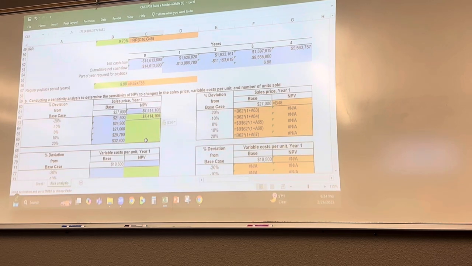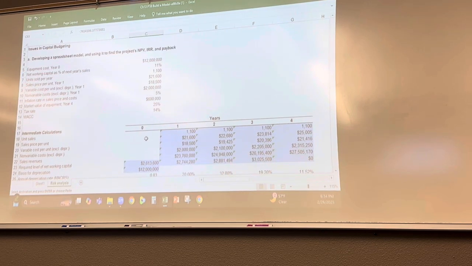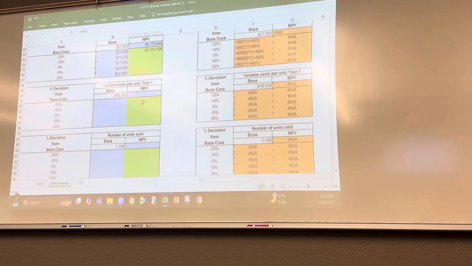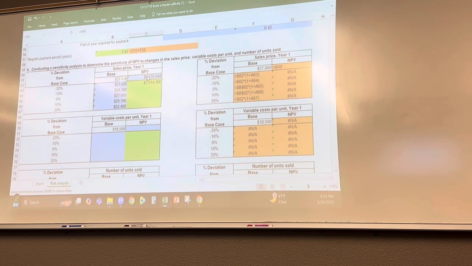Make sense? Okay. So now let me go back to my, actually, so I'm gonna do 27,000, right? I'm pasting that value in there too, just so it stays constant. So I'm just gonna do that same thing with all of these numbers.